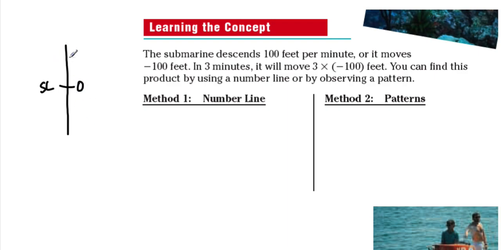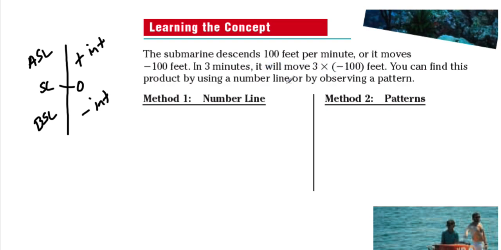Above sea level are your positive integers, and below sea level are your negative integers. That's the reason why the submarine descends 100 feet per minute, or it moves negative 100 feet in 3 minutes. So it will move 3 times negative 100 feet.